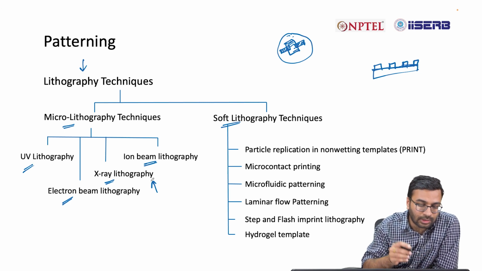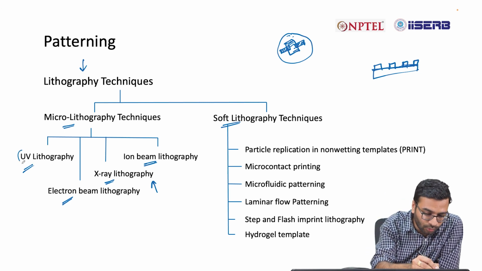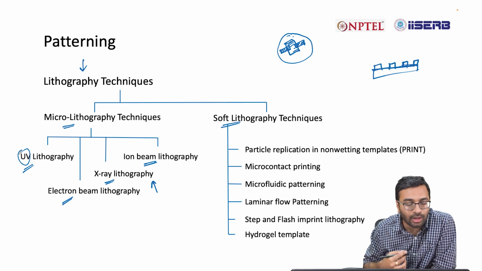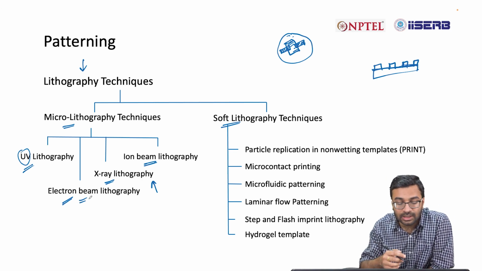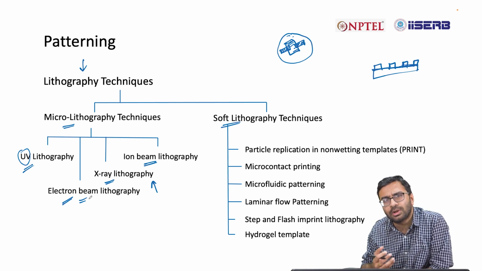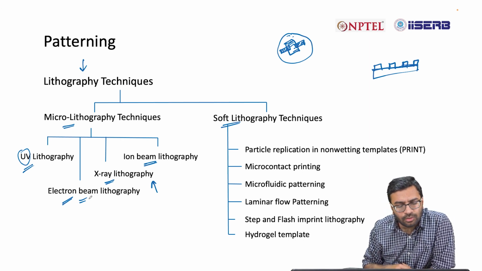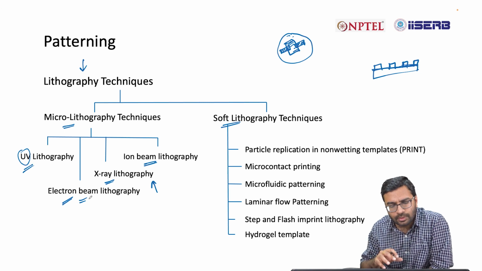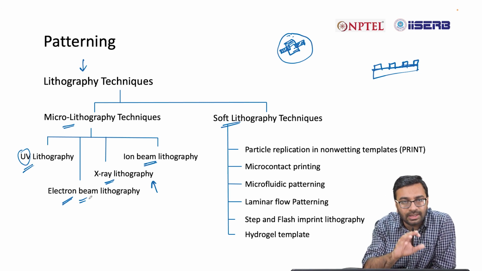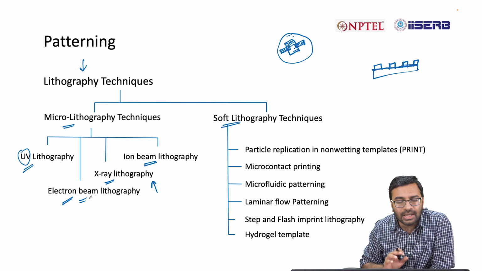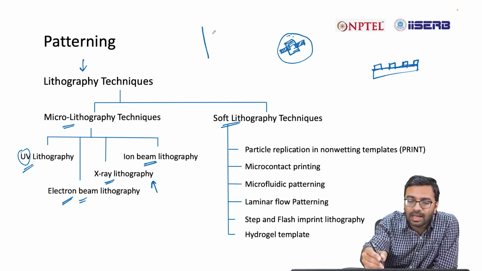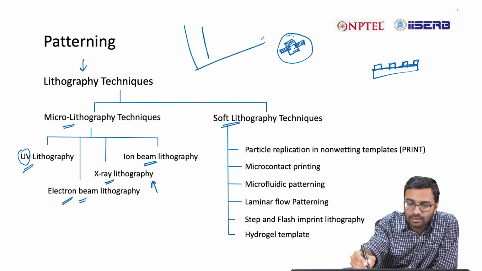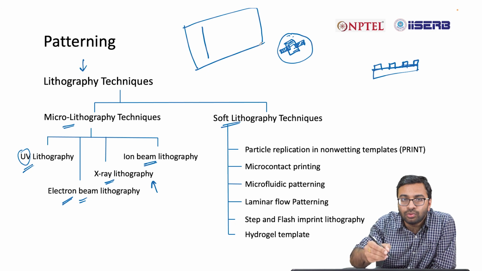If the source of lithography is UV, ultraviolet light, we call it UV lithography. If it is electron beam, then it's electron beam lithography. If it's X-ray, then it's X-ray lithography, so on and so forth. Before we go deep into the details, just to give you an idea, lithography is nothing but a writing technique. For example, I have this substrate and I want to make a pattern.